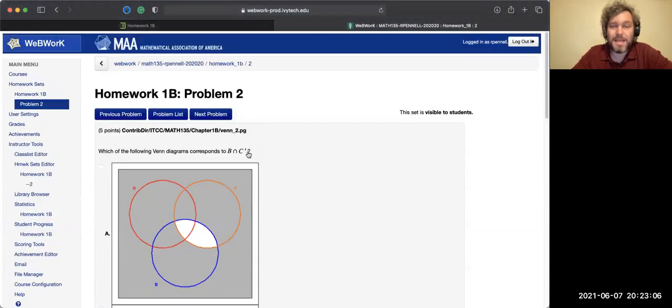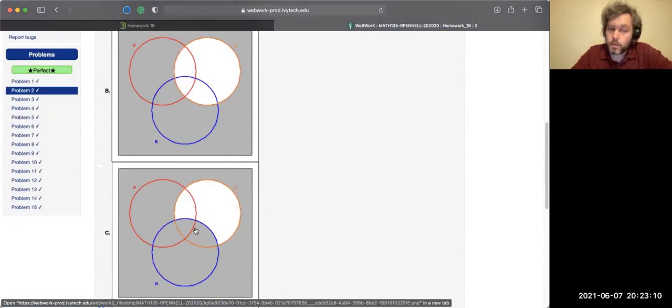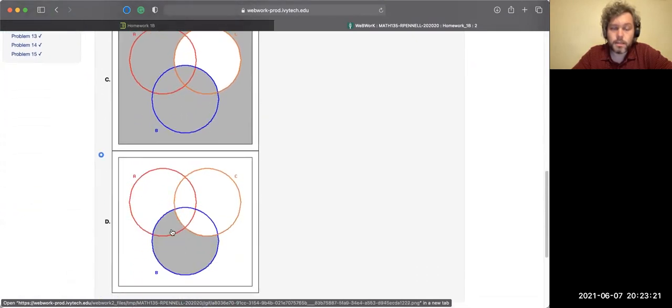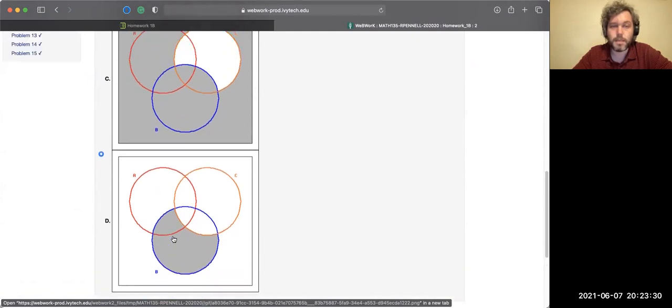What we're looking for is B minus C. This would also not be right because we have outside. We just want the part of B that has nothing to do with C. So we're really just looking for this part here. And that looks like it's this one. So this would be the part of B that has nothing to do with C. So just be these two pieces right here. So that's how I picked that one.